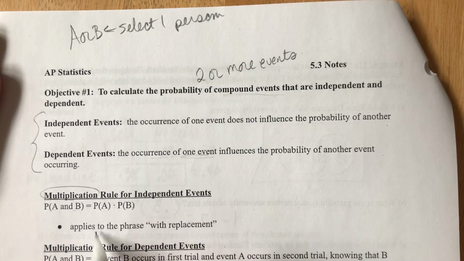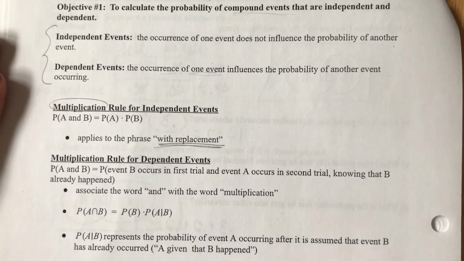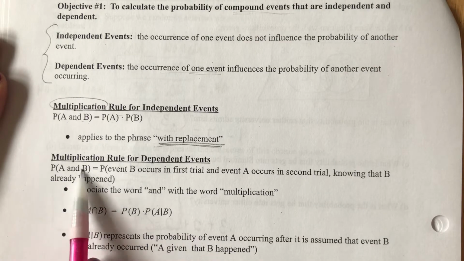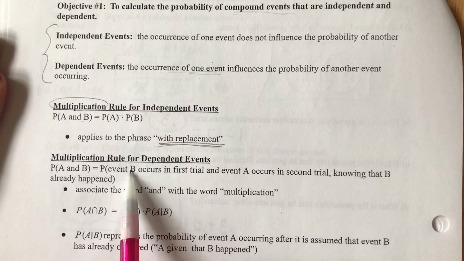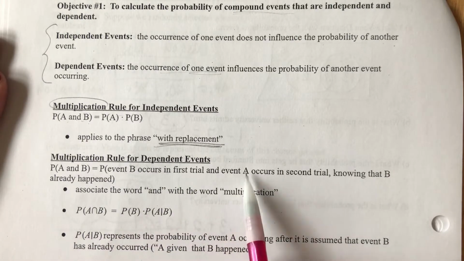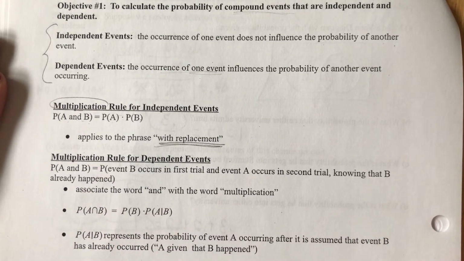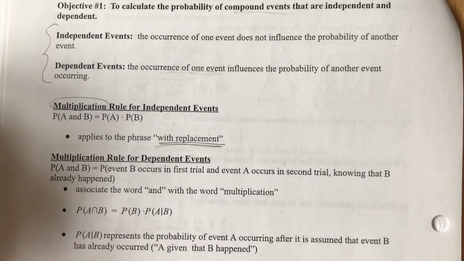It also applies any time that there's replacement. We'll do a marble problem in a minute, and I'll go over that then. If you have dependent events, then the probability of A and then B happening involves the probability that B occurs given that A already happened. So if there are 10 names in a hat, 5 boys and 5 girls, and I ask what's the probability of picking 2 boys in a row?